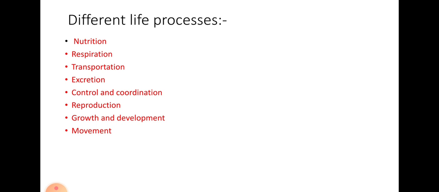Next is control and coordination. In this process, there is coordination between different organs of the body. In control and coordination, proper coordination between different parts of the body is done.